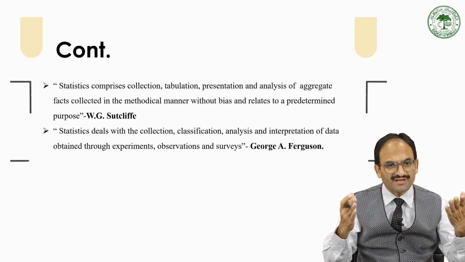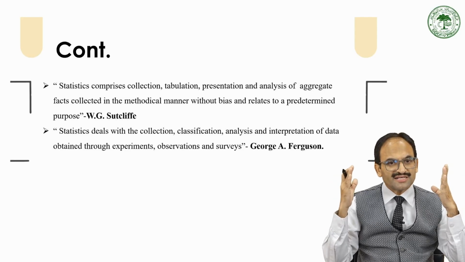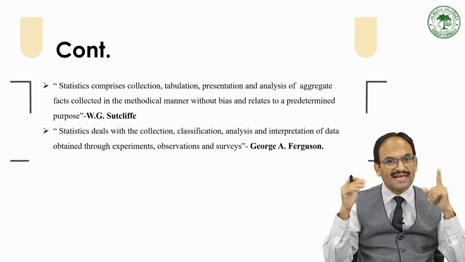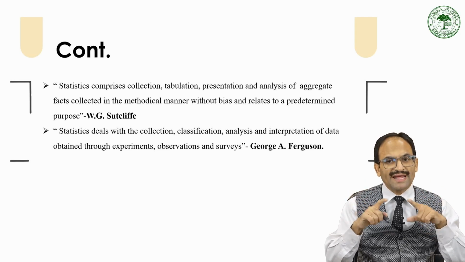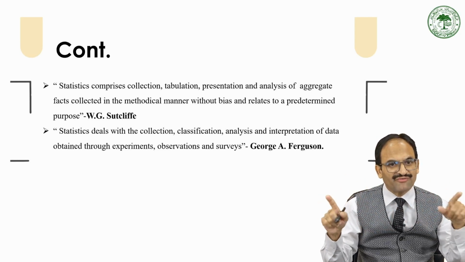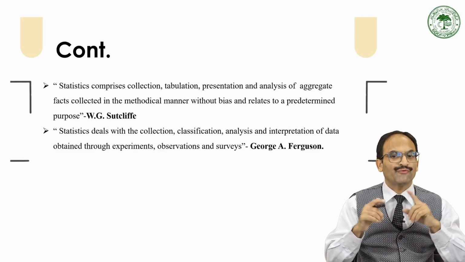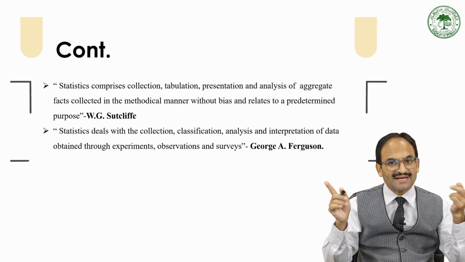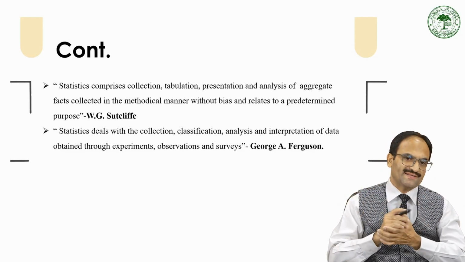The first definition was given by Sutcliffe. If you go through the screen, you will find: statistics comprises collection, tabulation, presentation and analysis of aggregate facts collected in a methodical manner without bias and relates to a predetermined purpose.